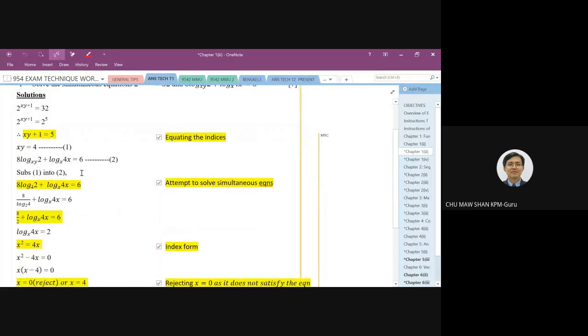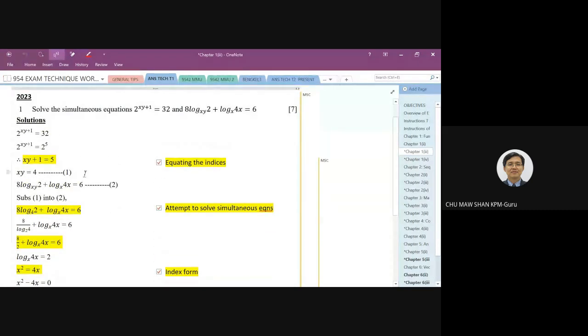In our solution, first of all, this index: 32 written in index form, then we are able to get the bases the same. The base is 2 for both sides, then we can compare the indices. So we get xy plus 1 is 5. Then we get xy equals 4.